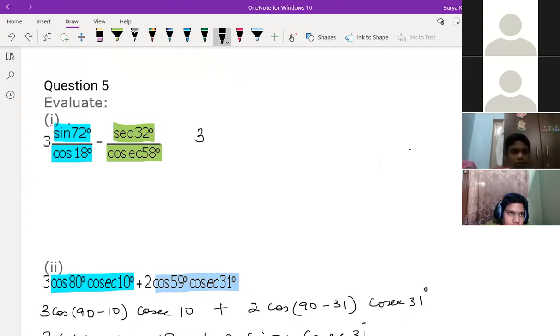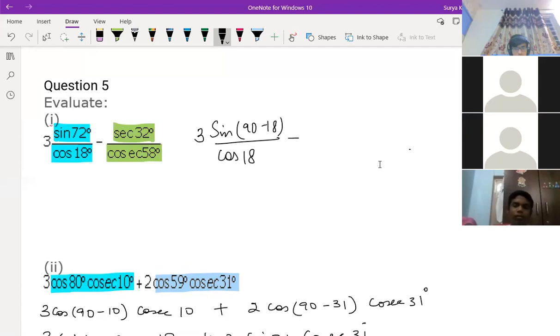Now see here, in these two parts, I am changing this sine one. So what I can write here, sin(90 minus 18) divided by cos 18. I have changed the numerator here. Again, I wrote minus sec(90 minus 58) divided by cosec 58. Is it clear? In two pairs, you can change anyone, not a problem.